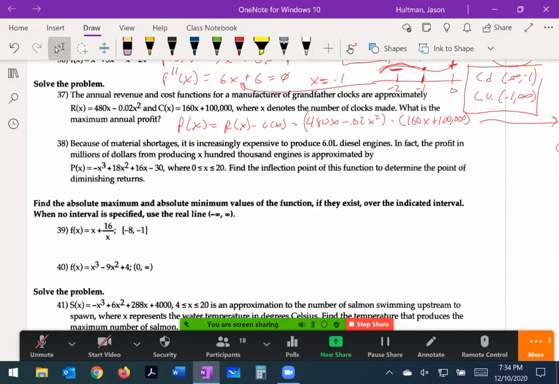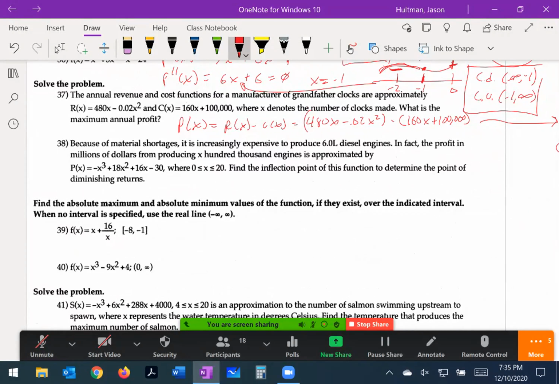Because of material shortages, it is increasingly expensive to produce 6.0 liter diesel engines. In fact, the profit in millions of dollars from producing X thousand engines is approximately given by a function.